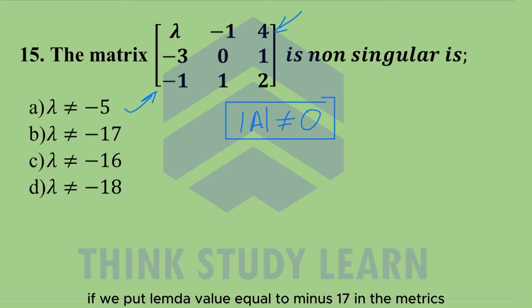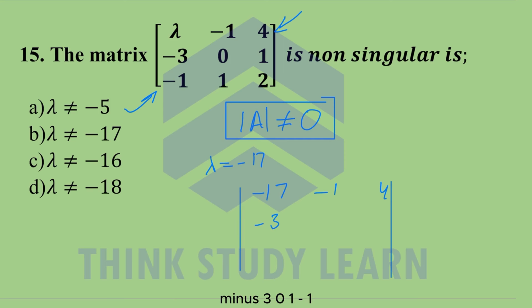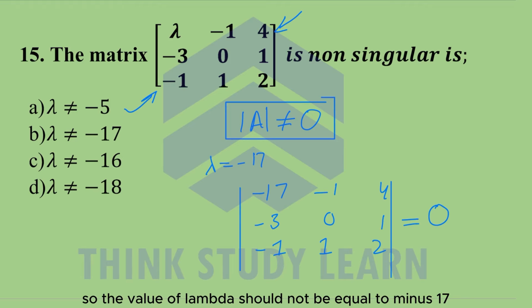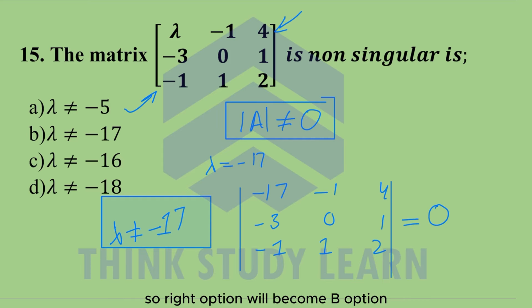If we put lambda equal to minus 17 in the matrix and take its determinant, we come to know that its determinant is equal to 0. So the value of lambda should not be equal to minus 17, then this matrix will be non-singular. So the right option is B option.